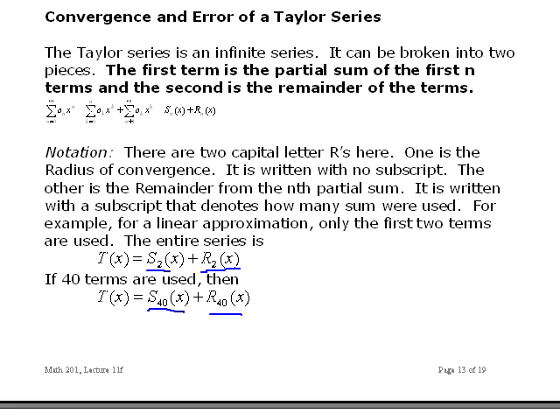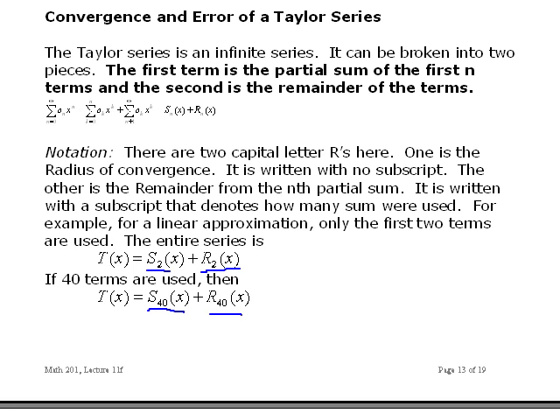Now, as I mentioned in this notation alert here, there are two capital R's going around. One is the radius of convergence, written with no subscript. The other is the remainder from the nth partial sum, and that is written with a subscript. The subscript tells you how many terms you actually added up.